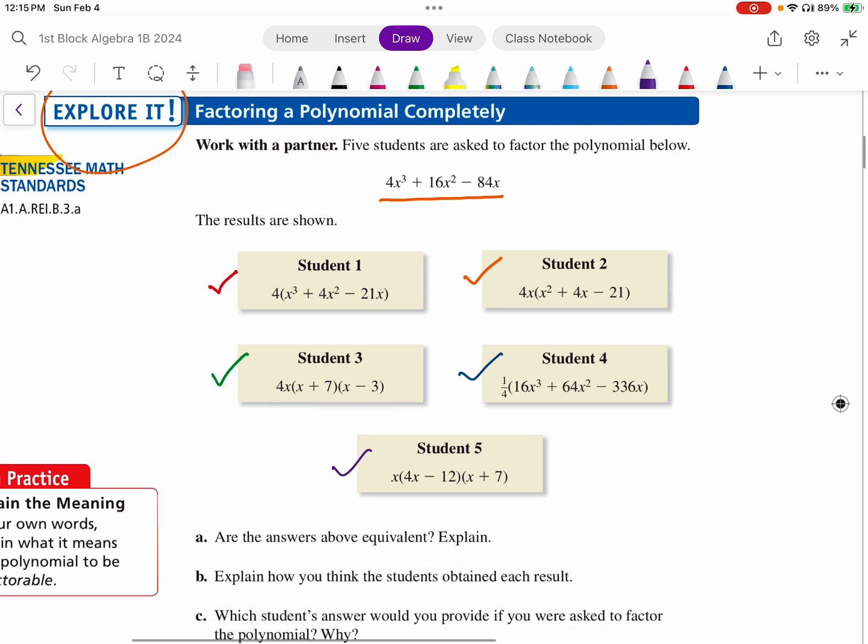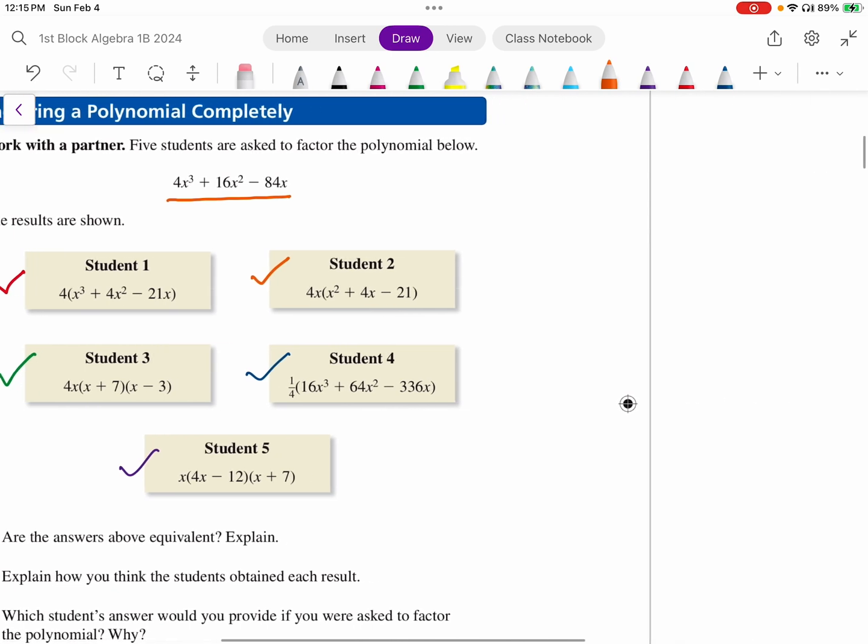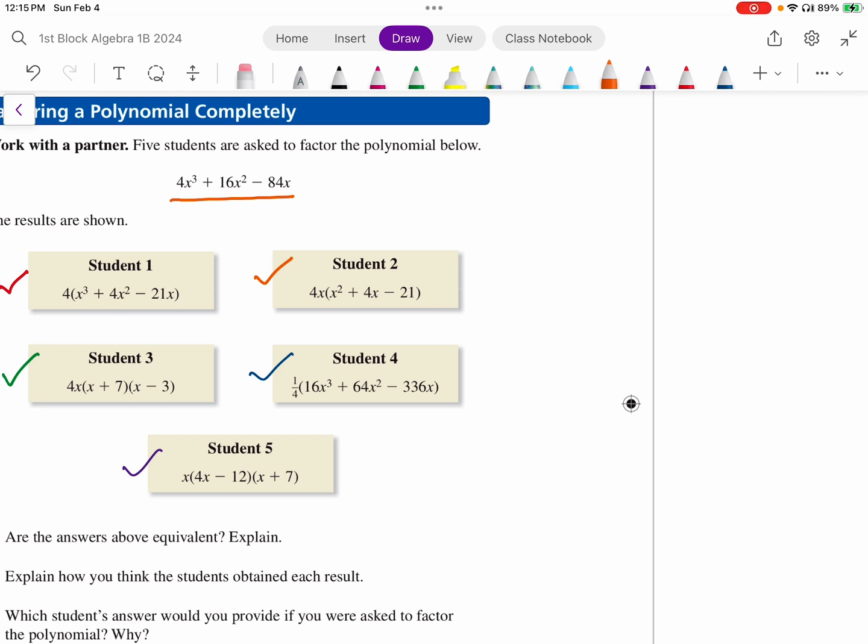So the first thing we're going to investigate here is, are all the answers above equivalent? Explain. So what I'd like you to do, either alone or with a partner, is off to the side, I want you to multiply. Okay, so we're not factoring anymore. These students have factored. Now we're going to check their answers.